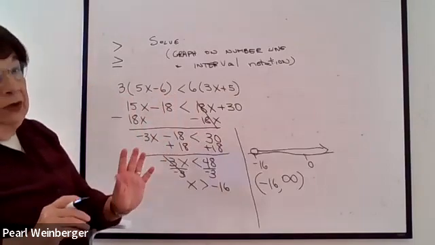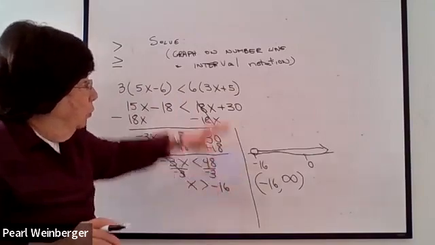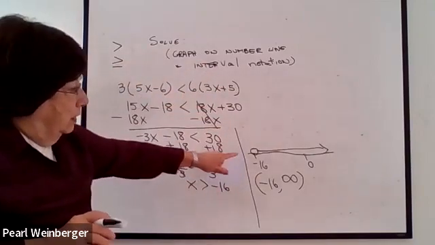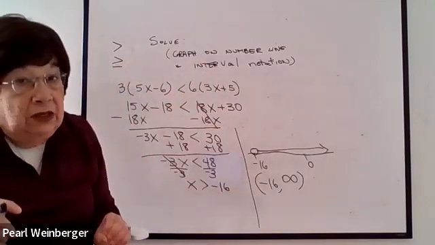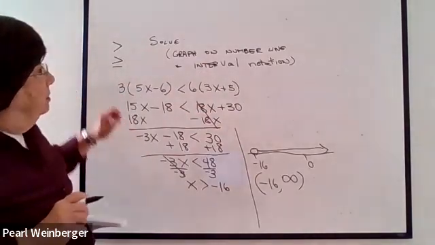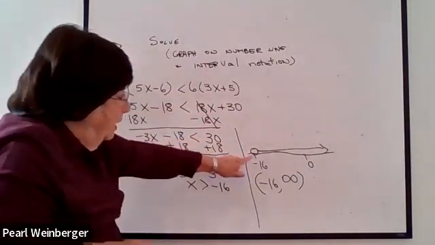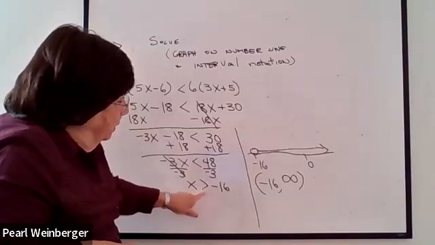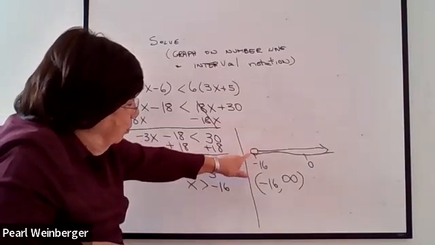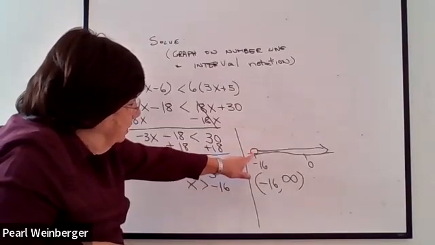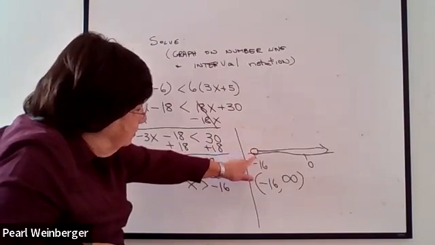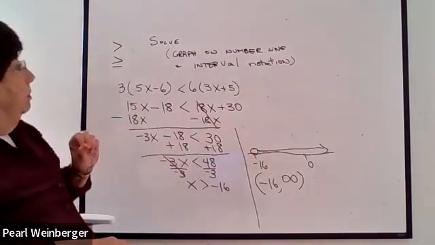Any number bigger than -16 works in this inequality. But -16 itself does not work because it has to be greater than. That's why when I have just a plain greater than, I make it an open circle, because that is indicating that the -16 is not included.